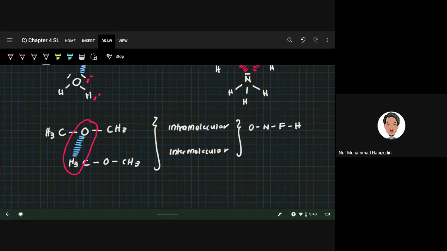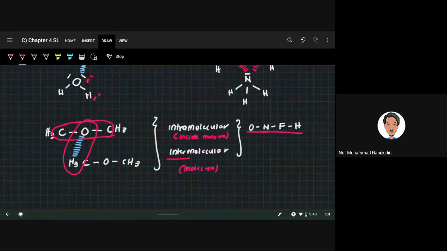Intermolecular is in between molecules. Intramolecular is inside the molecule. For hydrogen bond, make sure intramolecular is also in between these four.